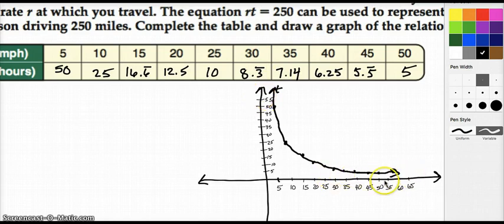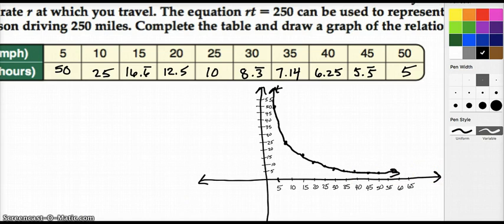And similarly here, this would be me increasing my speed, right? If I increase my speed as high as I want, I'm never going to make it there instantaneously. I'm never going to be there. It's never going to take me 0 hours to get there. And so again, this curve is asymptotic to this line here, the x-axis.